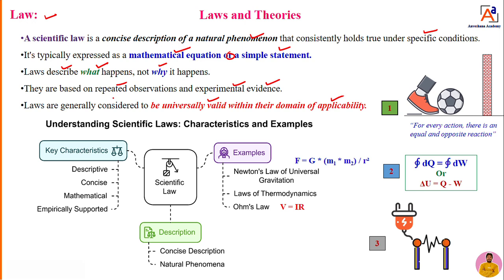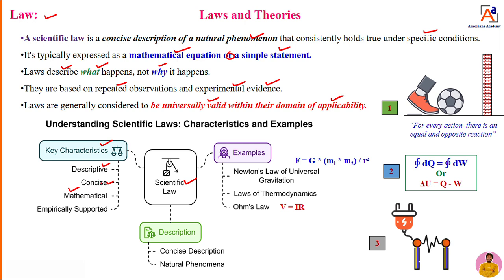Okay, fine. Now a quick recall. What is a scientific law? It has some key characteristics. What are the key characteristics? It is a concise and simple description of the event or observation happening, and that law can be expressed in terms of a mathematical equation.